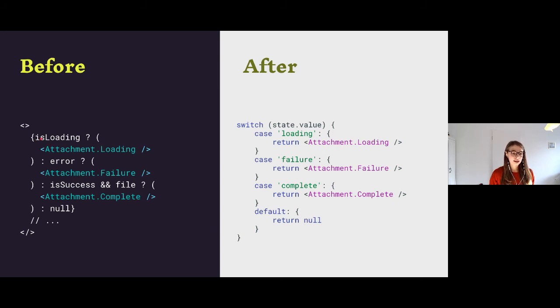And there was a chance, due to some mistake, that those values could be true at the same time. However, when we use a finite state machine, we rely in this case only on one value, which is the current state, and there is no way it could have multiple values.